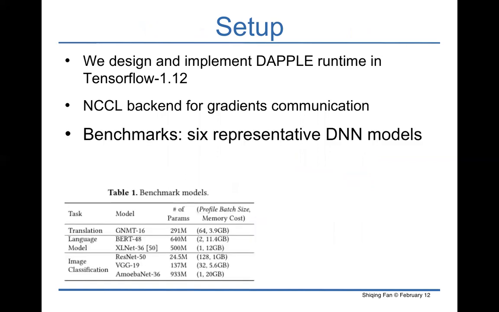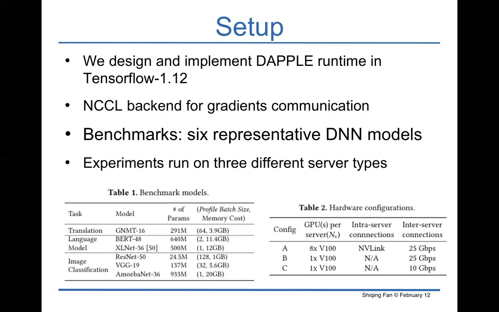The first table summarizes all the 6 representative DNN models that we use as benchmarks in our paper, and table 2 summarizes 3 common hardware environments for DNN training in our experiments, where hierarchical interconnections and flat interconnections are both covered.